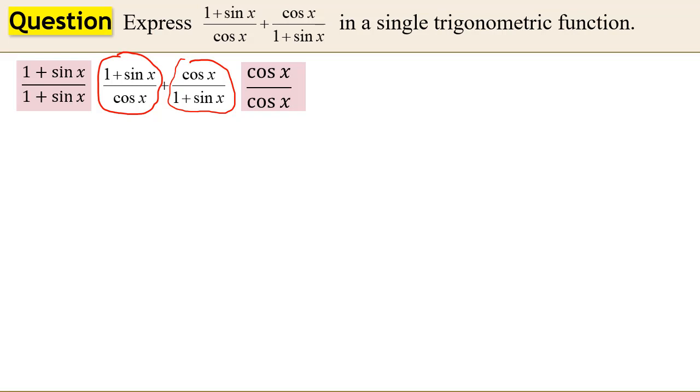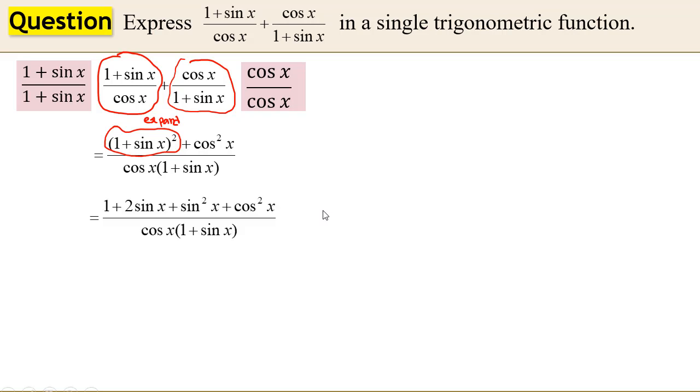For the numerators, we are going to get the square of 1 plus sine x plus cosine squared x. We expand the square of 1 plus sine x, and we are going to get 1 plus 2 sine x plus sine squared x plus cosine squared x.